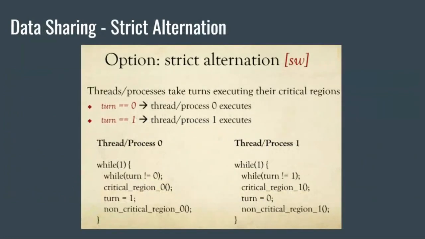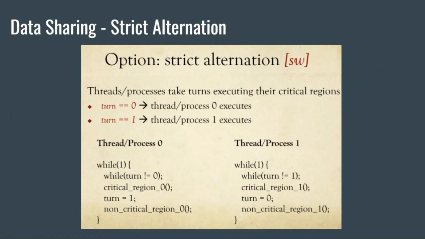So one of the first and simplest data sharing approaches we have is strict alternation. Essentially, the threads are just taking turns, right? Thread zero does its stuff in the critical region, and then once thread zero is done, thread one can do its stuff. It's really simple, right?